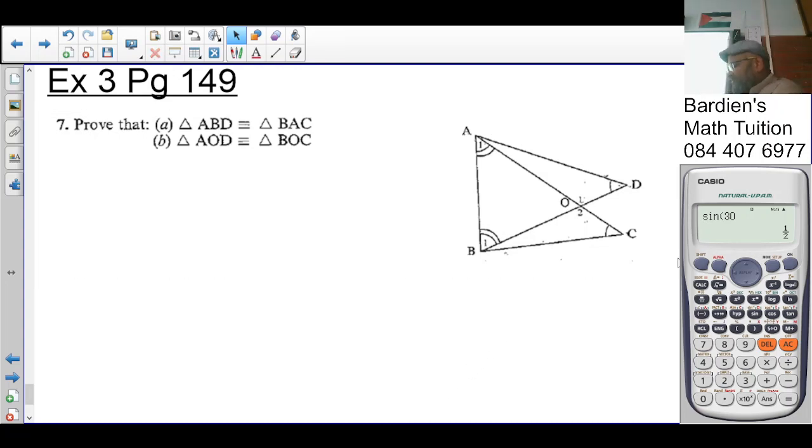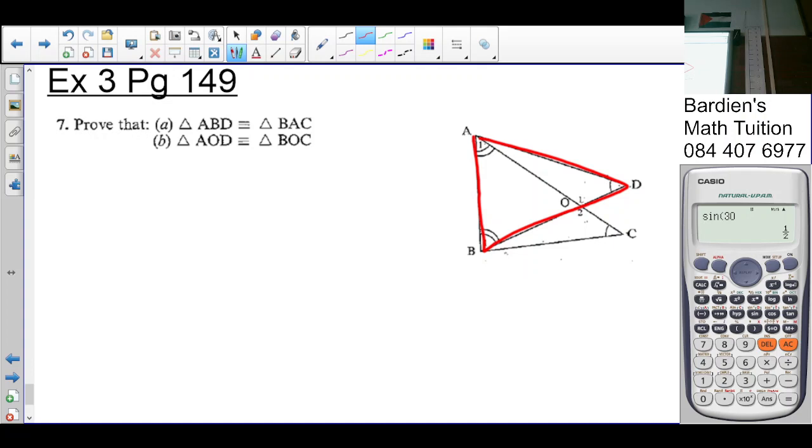Right, let's do this. The question says prove that triangle ABD is congruent to triangle DAC. So for DAC we got an arc there.